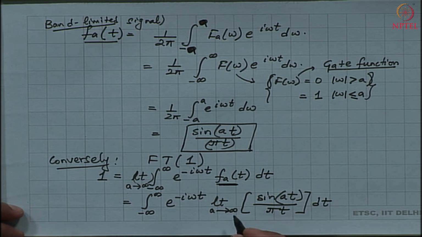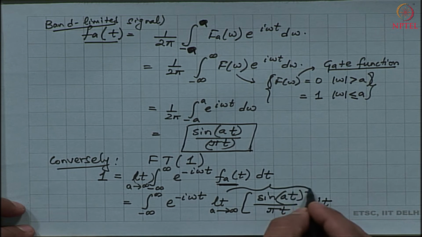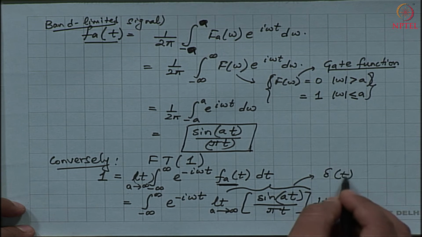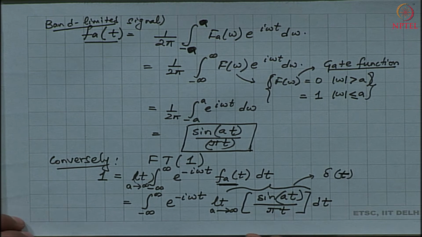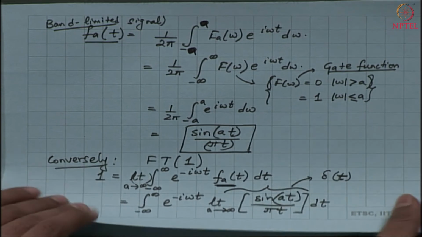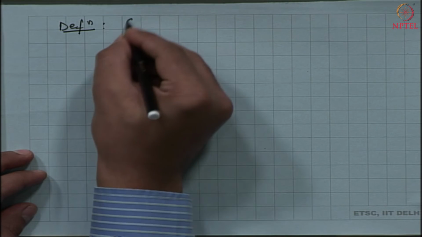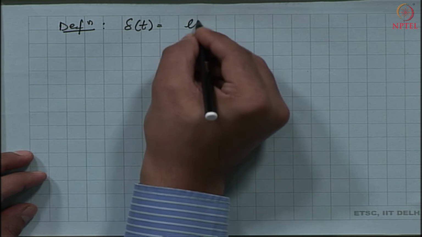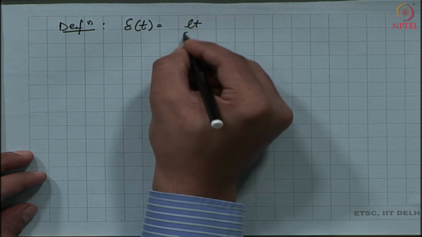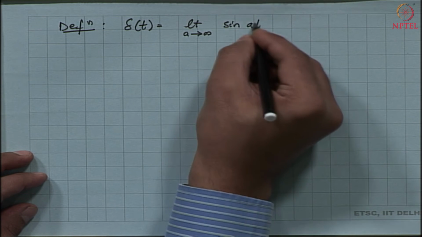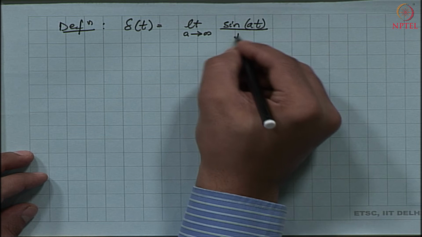Now, what I have is the following. This is nothing but the delta function. This is another definition of the delta function. Specifically, we have another definition of the delta function given by the limit a going to infinity of sin a t by t.